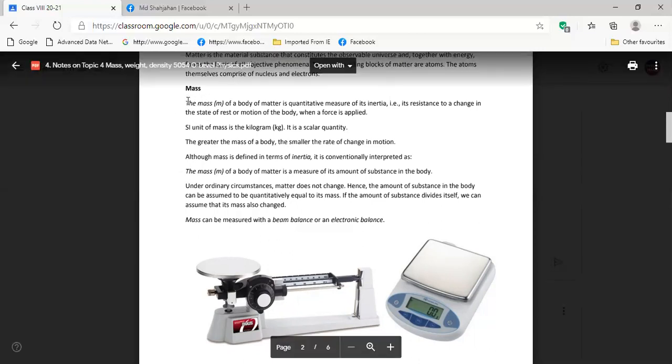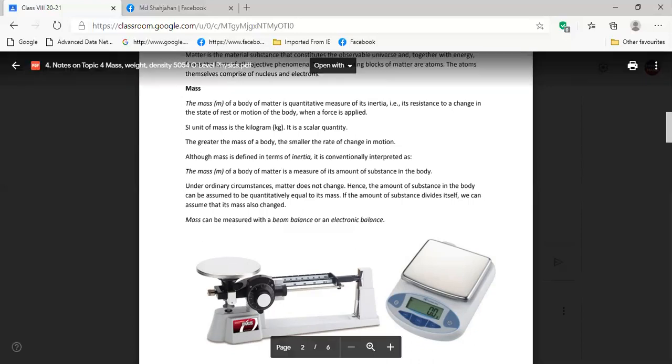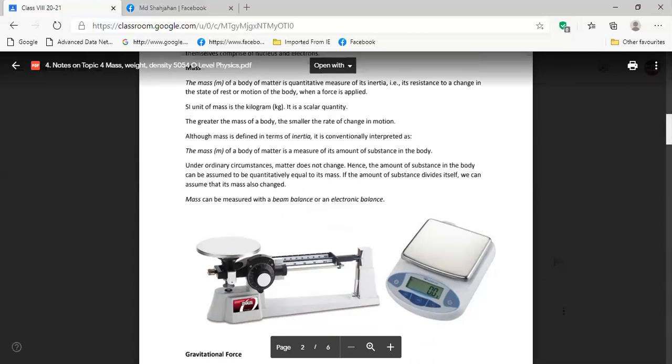Then after this you write the SI unit of mass is kg, and this much you write. Then you write mass is measured by using a beam balance or electronic balance. This one you write. I've written it. Very good.